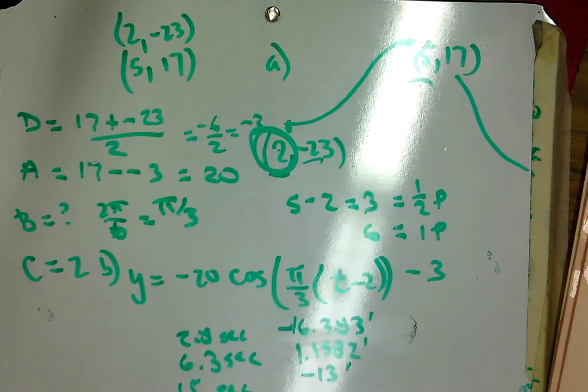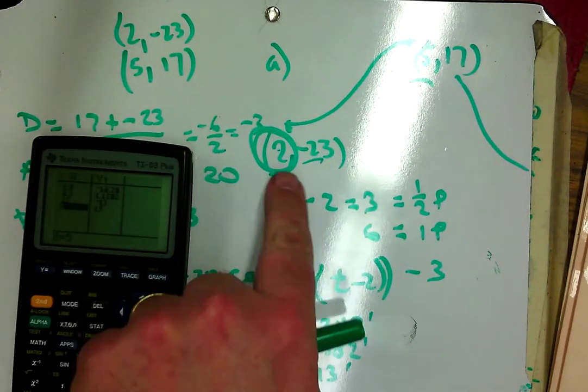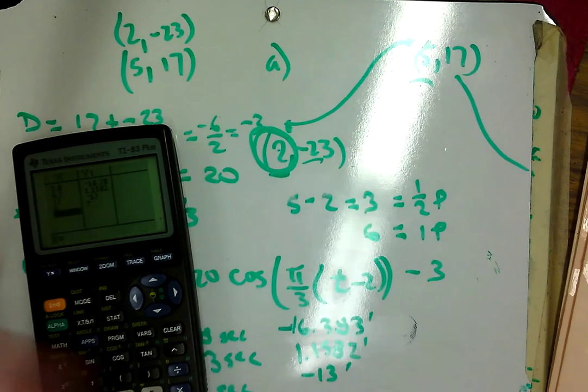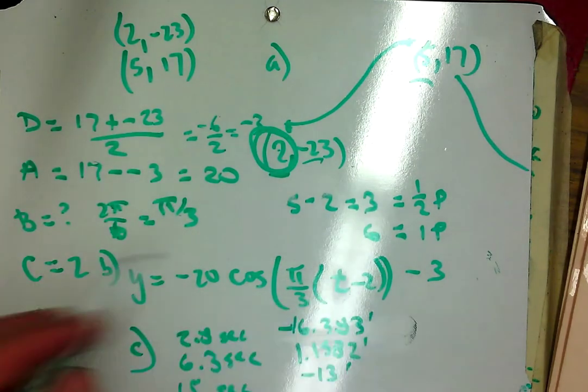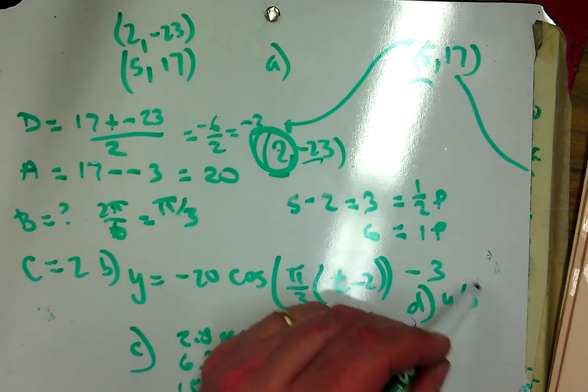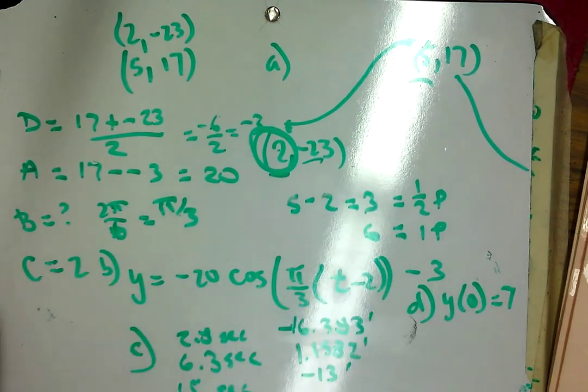Okay, that's part C. Part D, where was Tarzan when Jane started the stopwatch? Well, that's time equal to 0, because at 2 he was at -3, so that's equal to 0 at 7. So at D, y of 0 equals 7.